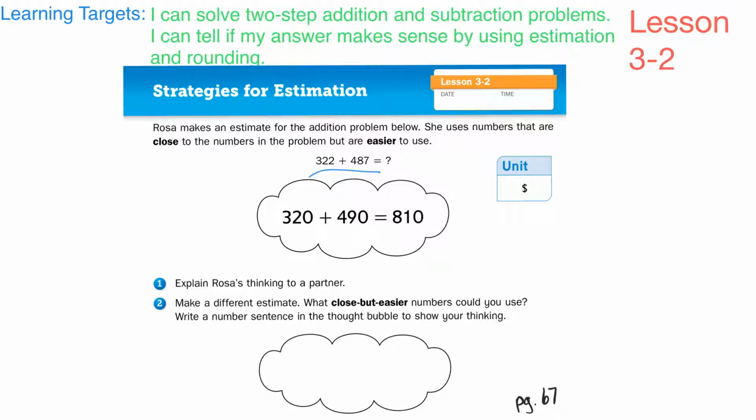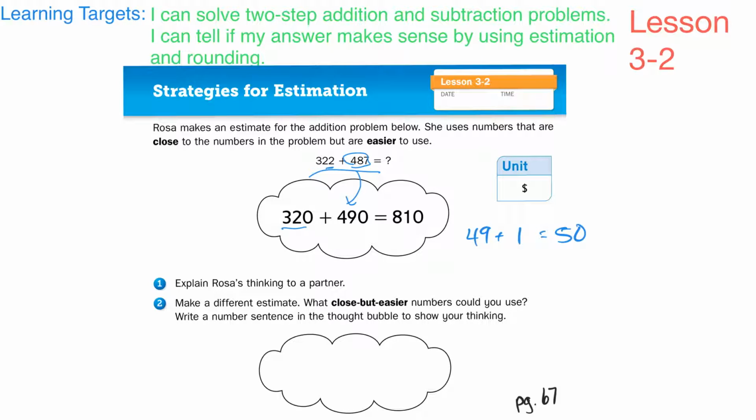So as I'm explaining Rosa's thinking, I'm seeing that she rounded 322 to 320, and she rounded 487 to 490. She added 49 plus 32. I know I could do 49 plus 1 would equal 50.